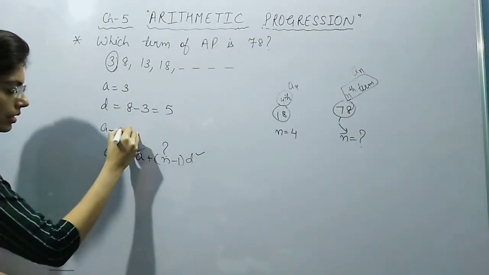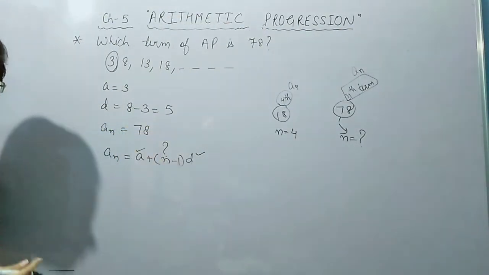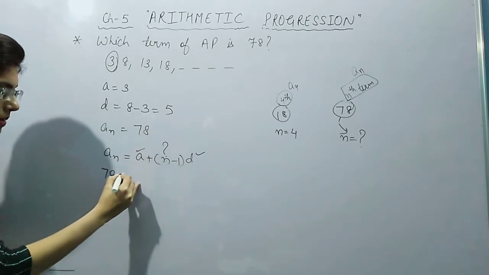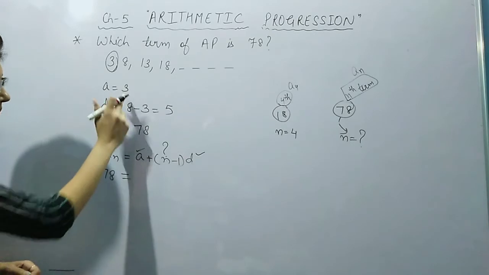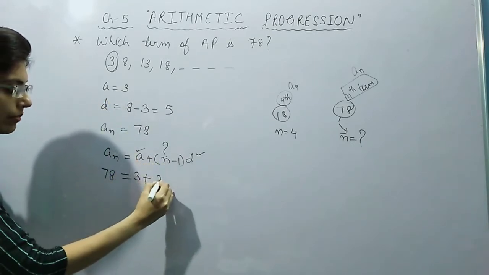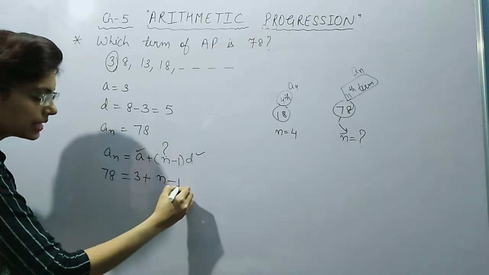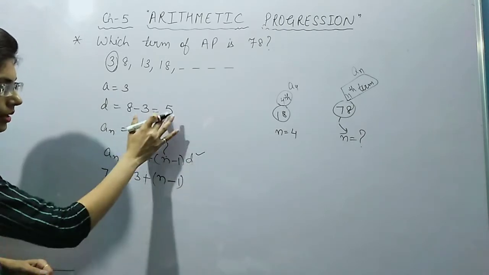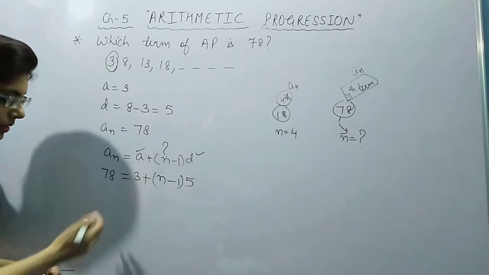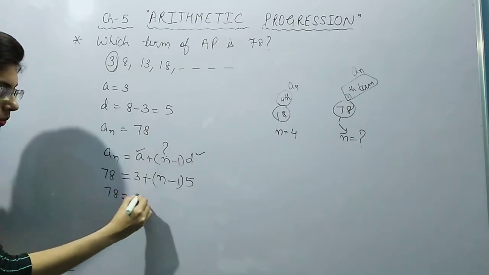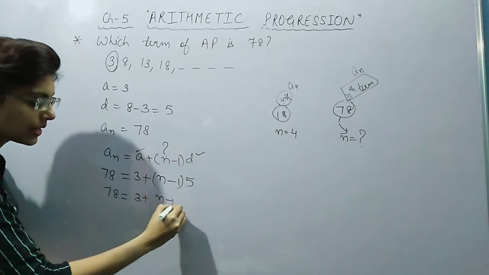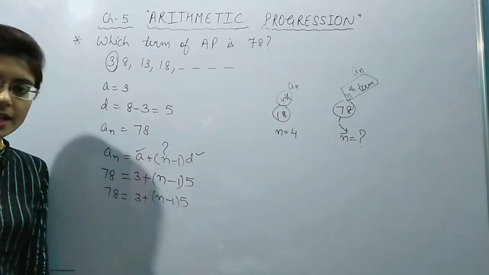We have all the values, so put them in. an = 78 = the value of a, which is 3, plus (n - 1), where n we have to find, into d. What is d? 5. So 78 = 3 + (n - 1) × 5. I am writing it as it is.